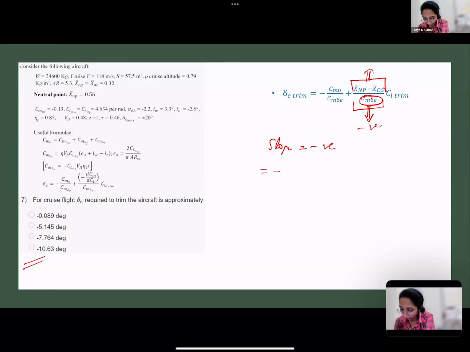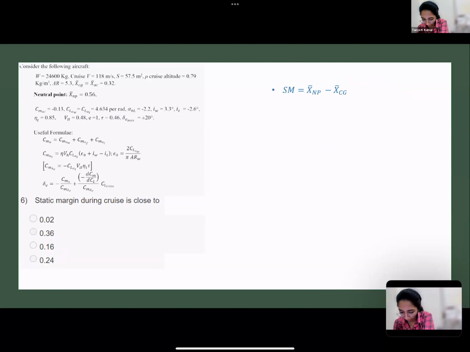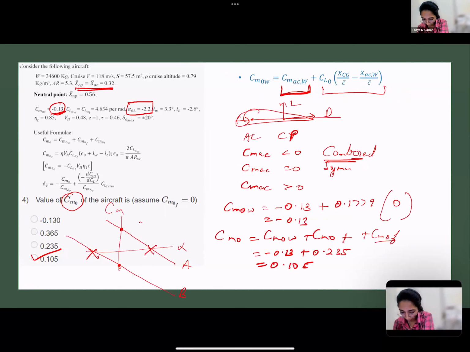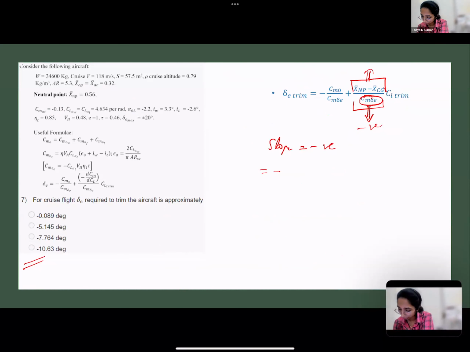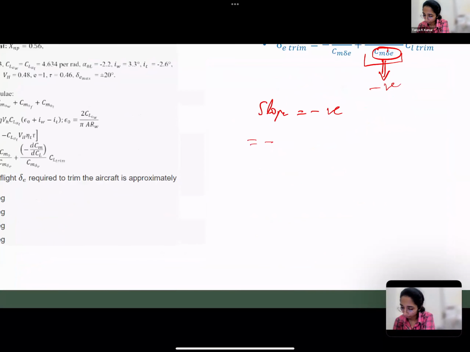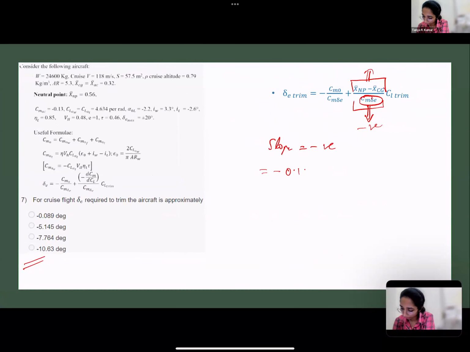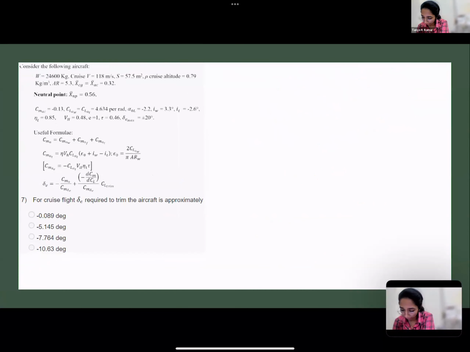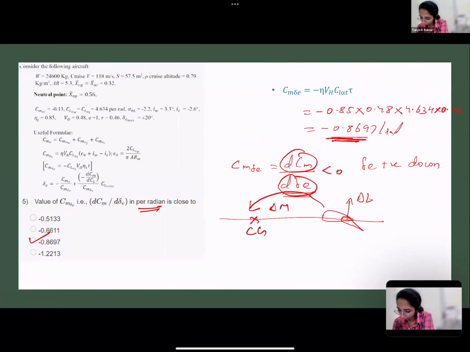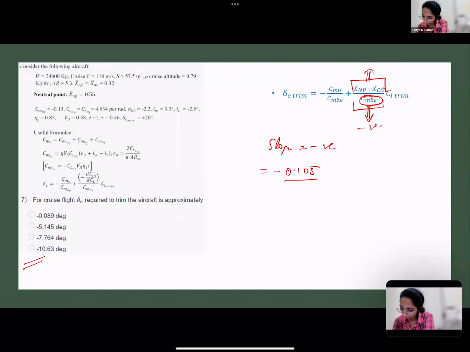Cm naught was, what is Cm naught? 0.105. Cm delta E is minus 0.8697.